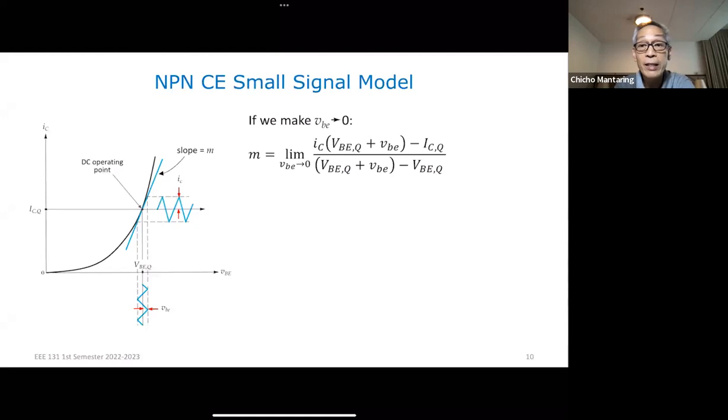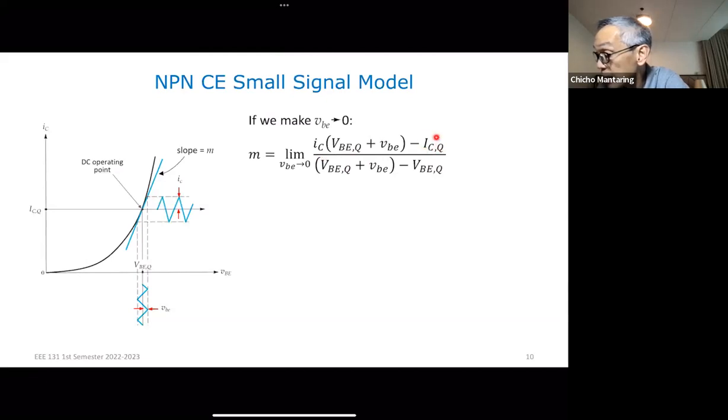This is going to be the expression for my slope. My slope M is the limit as V small be approaches 0 of the change in I sub C. So ito yung change in I sub C. From this point, it will jump to this point, no? With respect to the change in VBE, the change in VBE is the jump from this point to this point, this small change in VBE. Okay, so itong I sub C na to, that is the I sub C at this value.